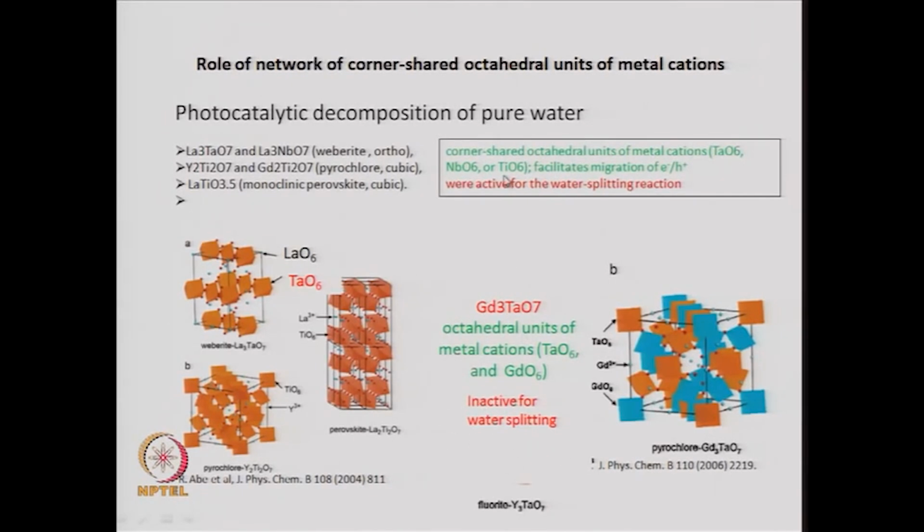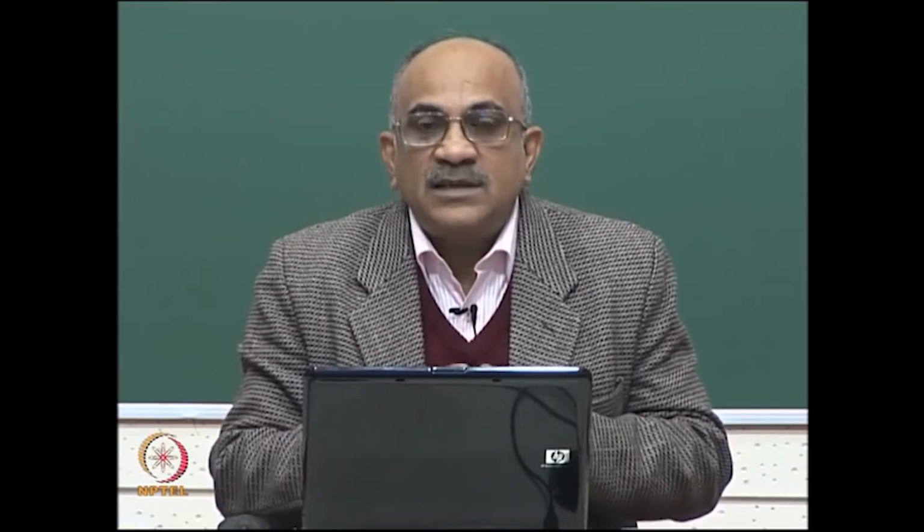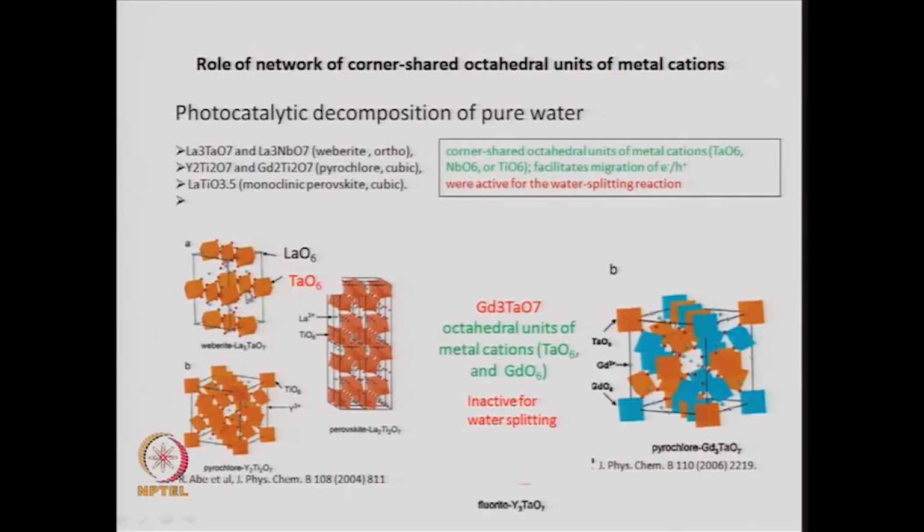So, what it means is that the tantalum oxide or niobium oxide, whichever is going to act as the main site for photocatalysis, should have this corner connectivity of octahedra, and it should not be interfered with by some other octahedra, say of a rare earth. If it is unhindered, then the activity is very high. If it is hindered by other octahedra, then it becomes inactive.